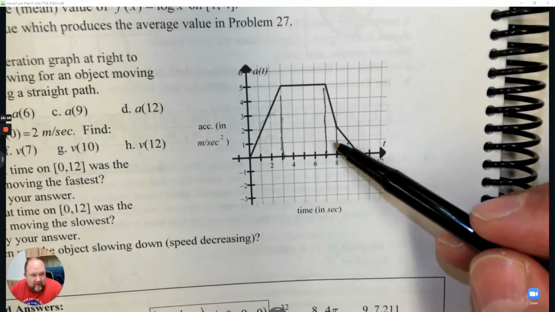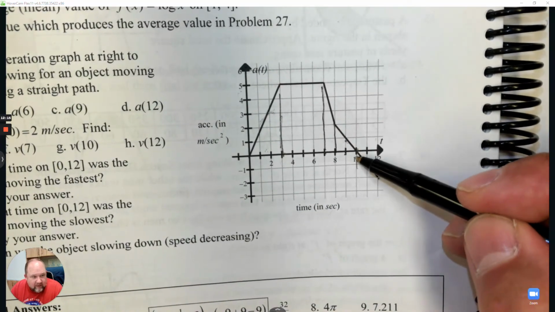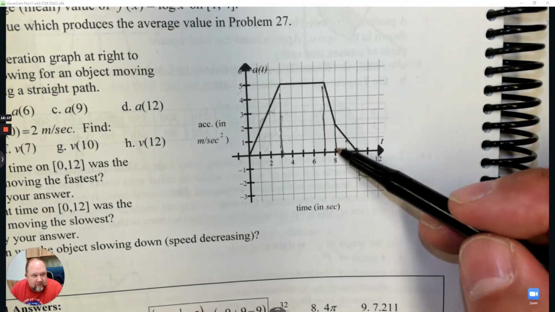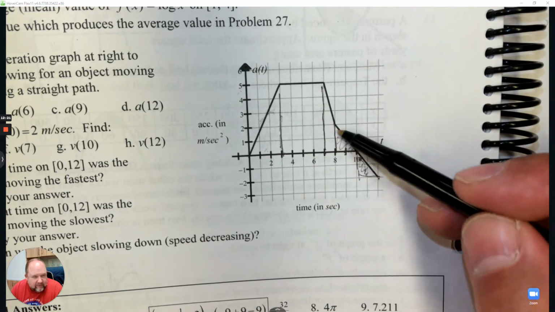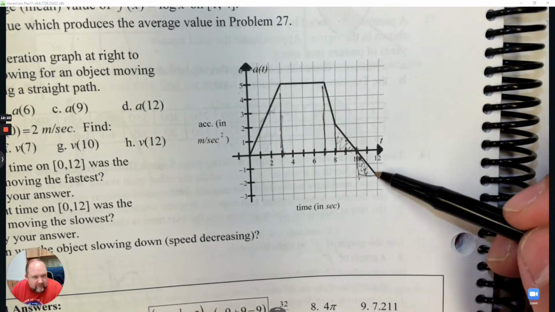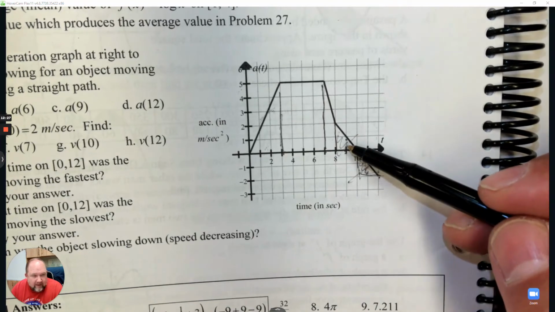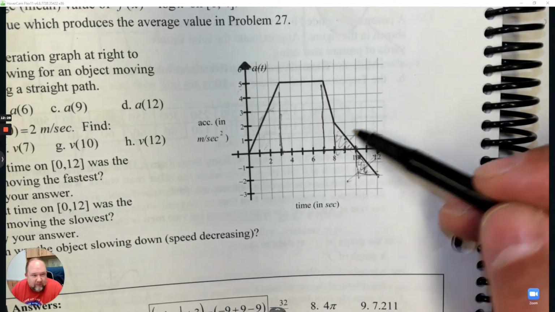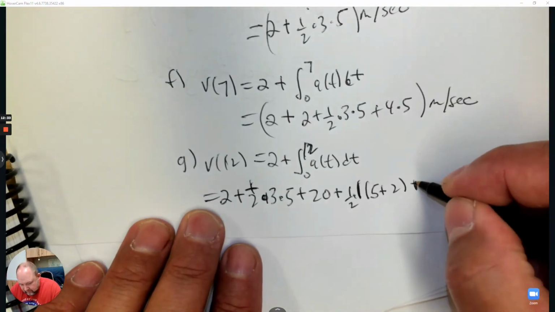You could break it up into other shapes too. Then you have a triangle. Now what I notice is this triangle above matches this triangle below, right? Half the base times the height, half the base times the height. So they're exactly the same, so that would just cross out. I don't need to find this area because I know that would be 0. So that would be the answer right there, in meters per second.